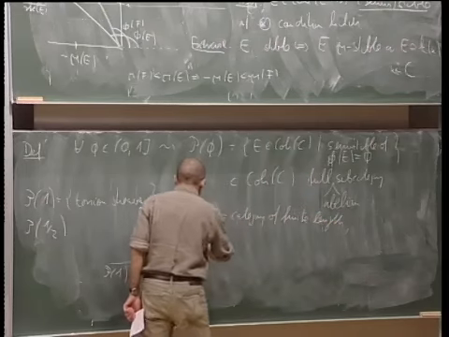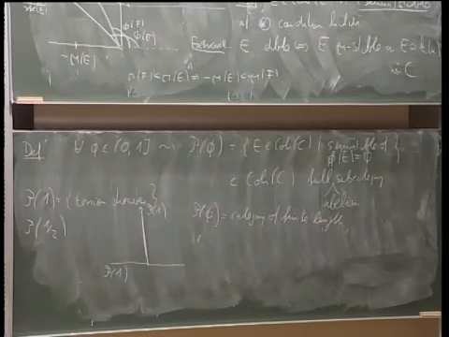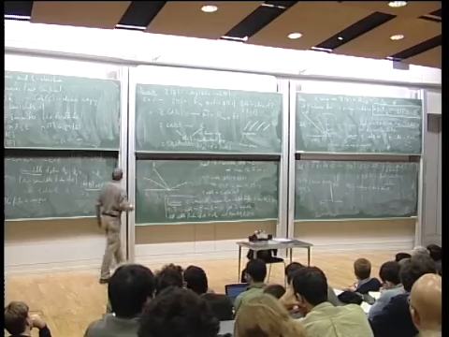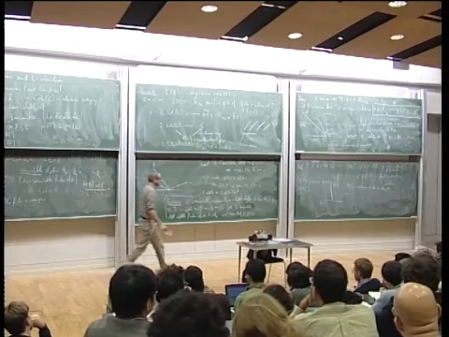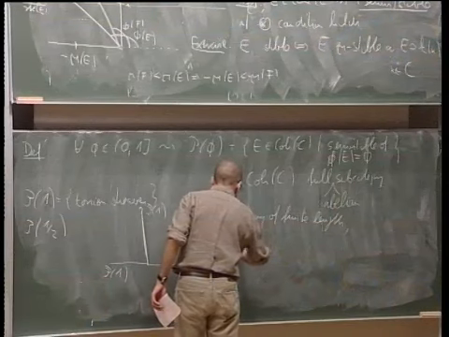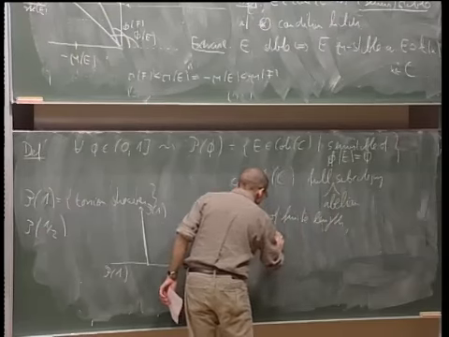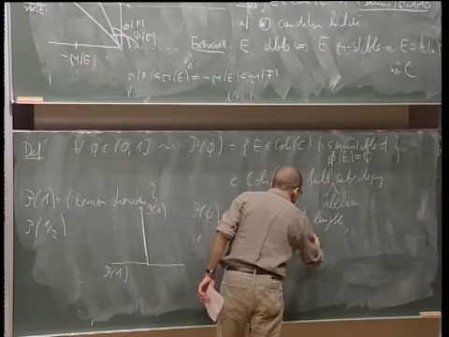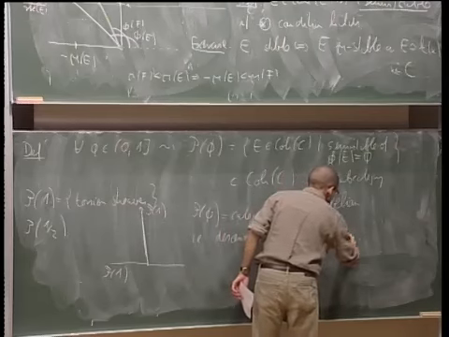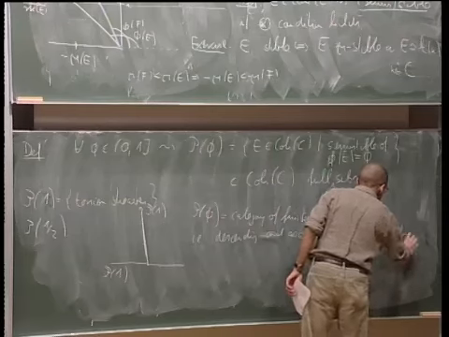Which means that any descending or ascending chain of subobjects will eventually stabilize, i.e. descending and ascending chains of subobjects stabilize.